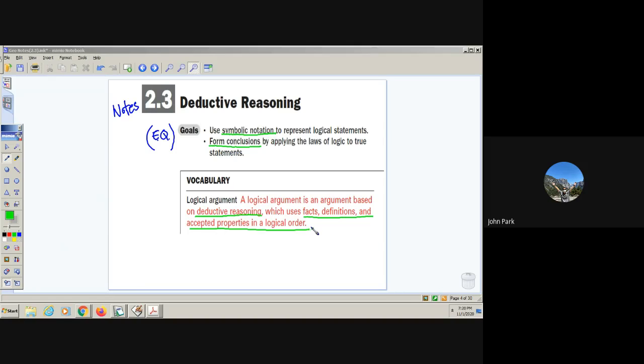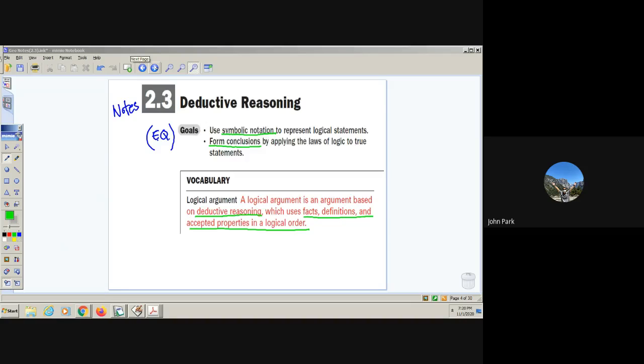So we're going to use the theorems and postulates, and also definitions of vocabulary words, to use logical statements in logical order step by step. Most of our proofs for the rest of geometry use deductive reasoning, compared to what we talked about before with inductive reasoning, which is just using patterns, right?